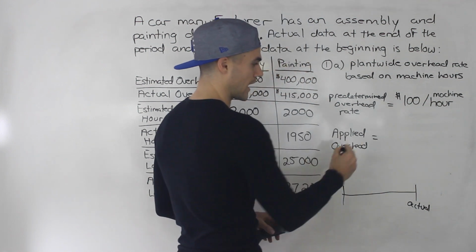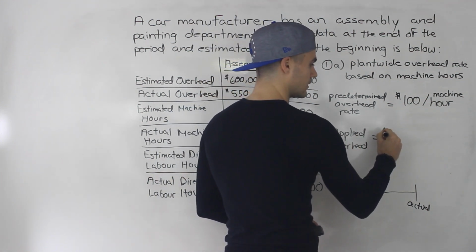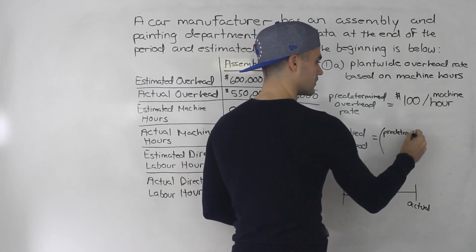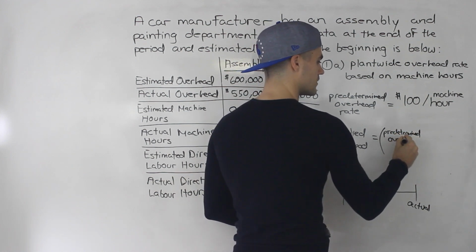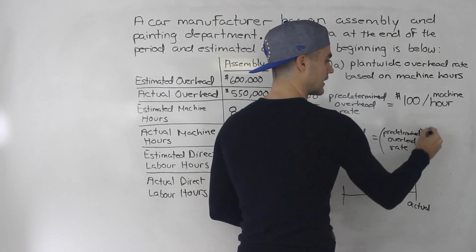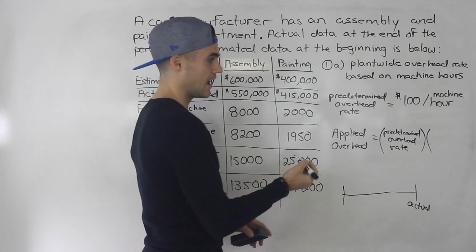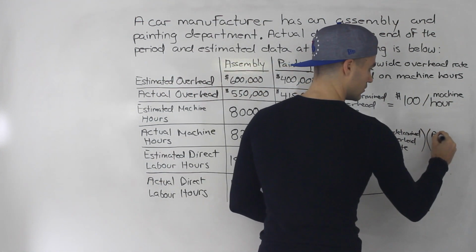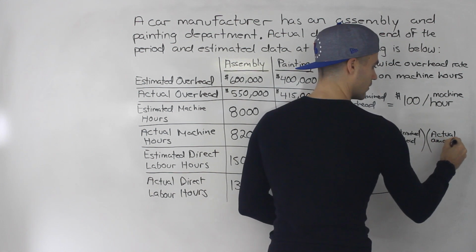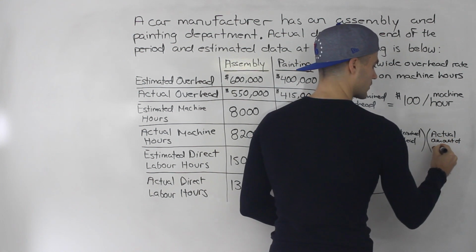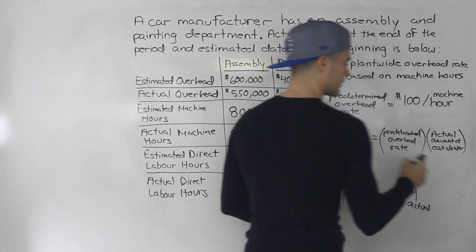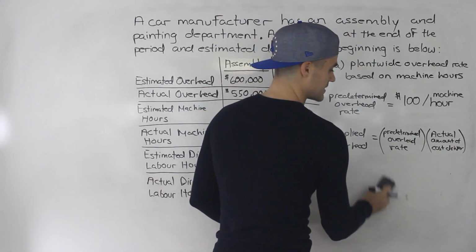So the applied overhead, just in general, it's the predetermined overhead rate that you calculated at the beginning times the actual amount of cost driver that you used up, that the overhead rate is based on.